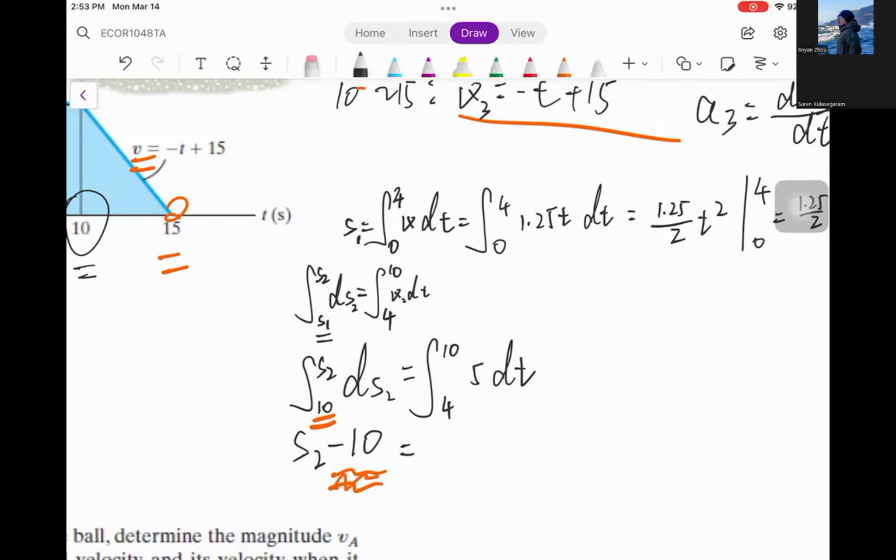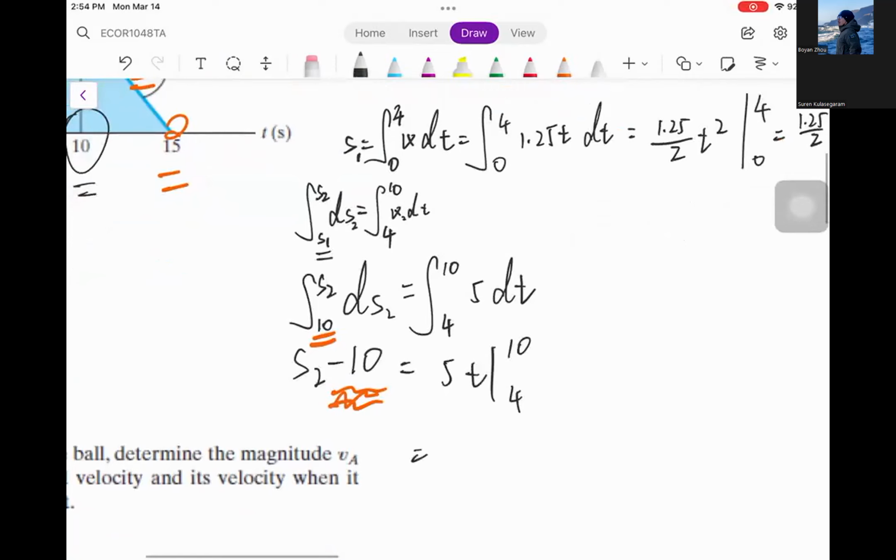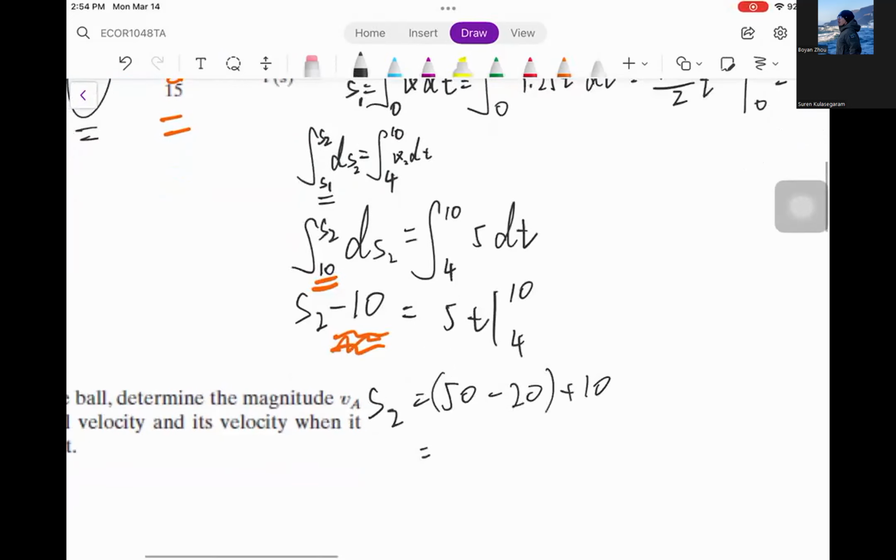On the right-hand side, doing the integration, it's 5t evaluating from 4 to 10. So S2 is equal to 50 minus 20 plus 10. And that is 30.